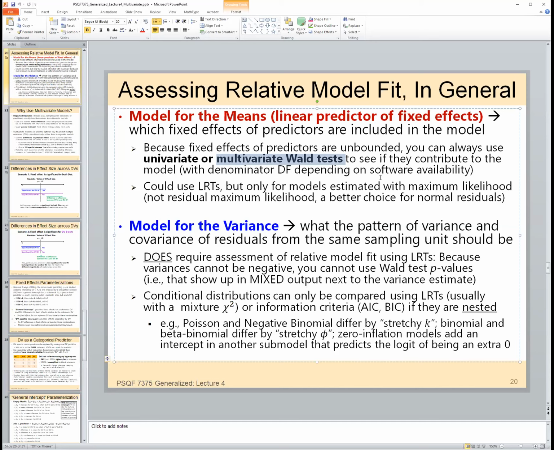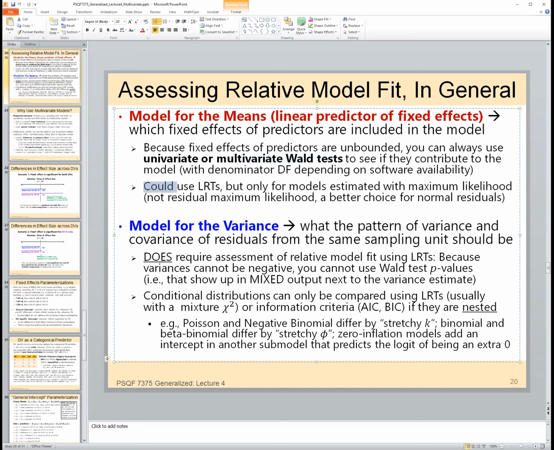If you do so with degrees of freedom in the denominator, that's an F. If you do so without degrees of freedom in the denominator, that's a chi-square, which is what happens in GLM software, in Stata, for instance. But you don't have to do likelihood ratio tests to make decisions about fixed effects. You can always do these F or chi-square tests to test their joint combination.